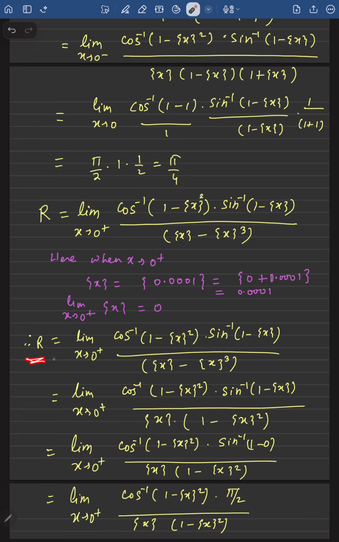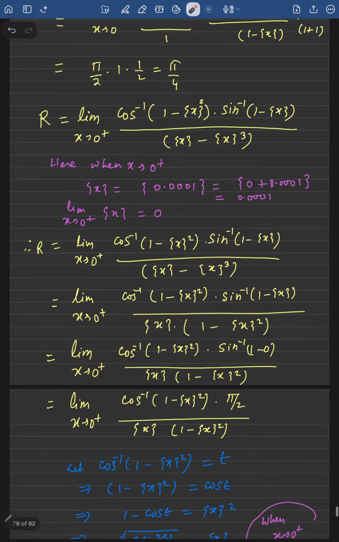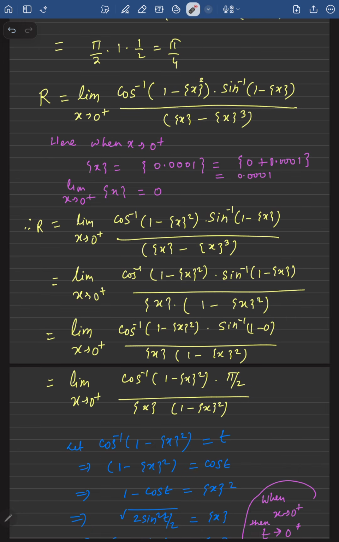Now come to the right hand side limit. Limit x tends to 0 plus for this whole expression. In the same way, we simplify the denominator as fractional part of x times (1 minus fractional part of x) whole square. For the remaining terms, sine inverse of 1 minus fractional part of x is 0 when x tends to 0 plus, so we put this value, and the remaining expression is written as it is.